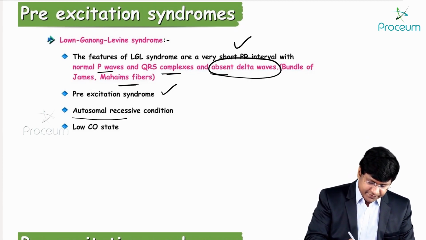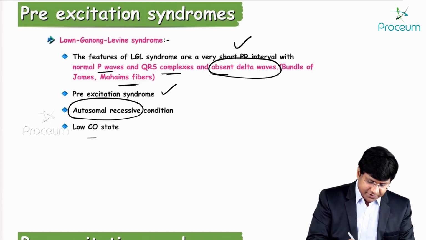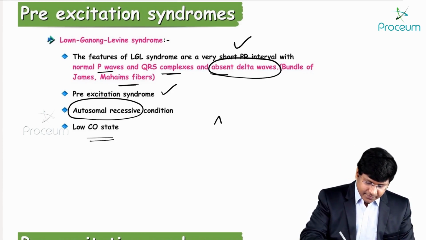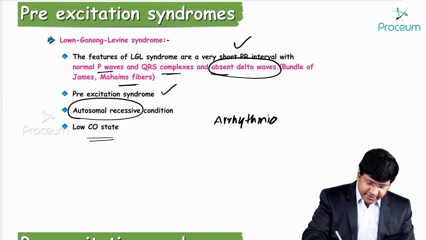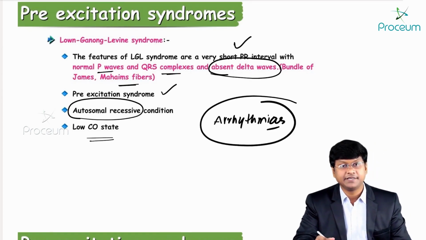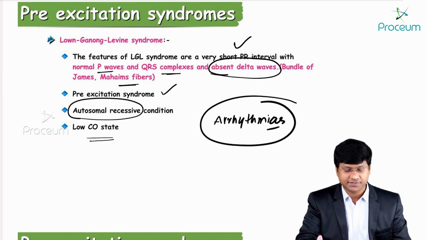And the type of inheritance we have seen, autosomal recessive type of inheritance, right? And these individuals also have low cardiac output. Why? Because they can have the development of arrhythmias, because the ventricle is undergoing pre-excitation. Once these individuals have arrhythmias, they can have the low cardiac output state. Now, because these individuals are having arrhythmias, what do you think are the clinical manifestations?